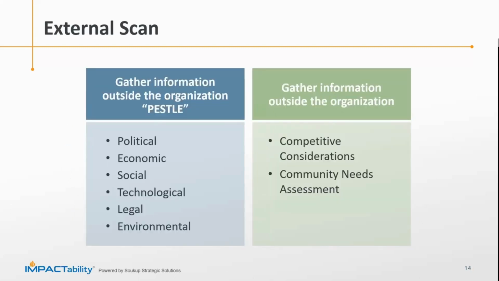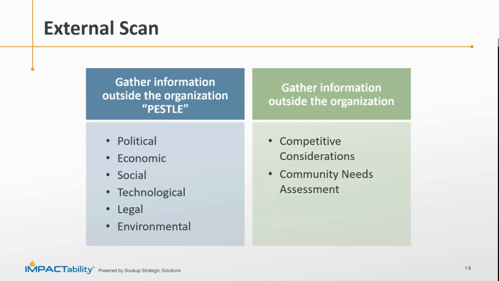So when you think about an external scan, some of the things that we think about are political, economic, social, technological, legal, and environmental aspects. When we think about those as a group, we call it PESTLE. So there's a little acronym for that.